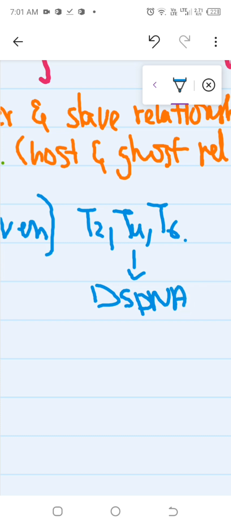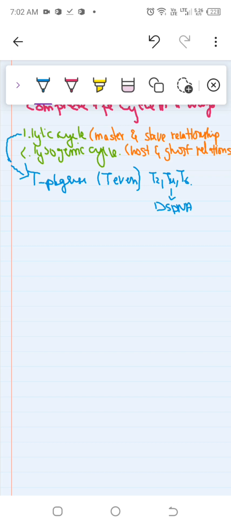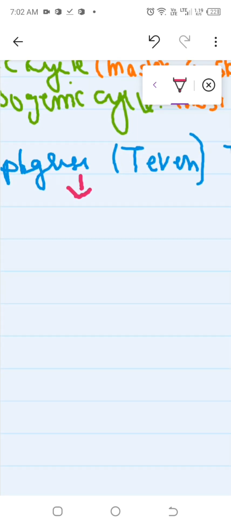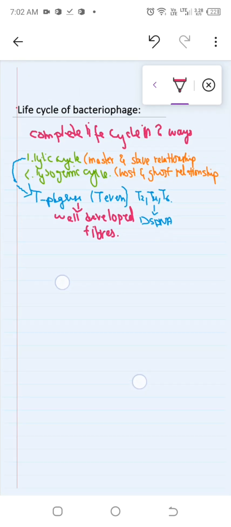Why does the lytic cycle include these T even phages? Because they have well developed fibers, and in the lytic cycle the whole work is done by the fibers. Is this clear to you guys?